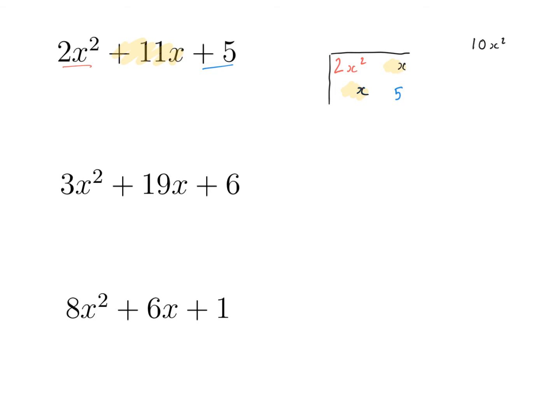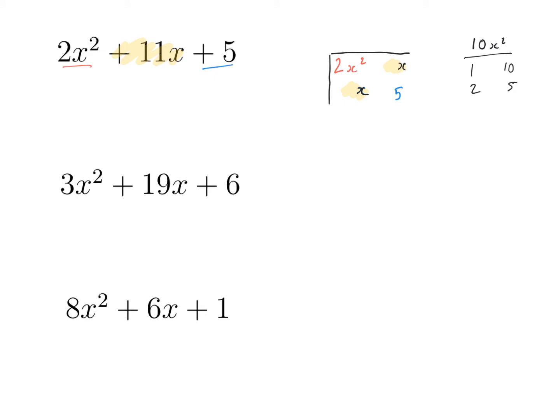So I need to be thinking of pairs of numbers that will multiply to give me 10 and add up to give me 11. I can list my factor pairs for 10. I could have 1 and 10, or 2 and 5. 1 plus 10 will give me this 11.